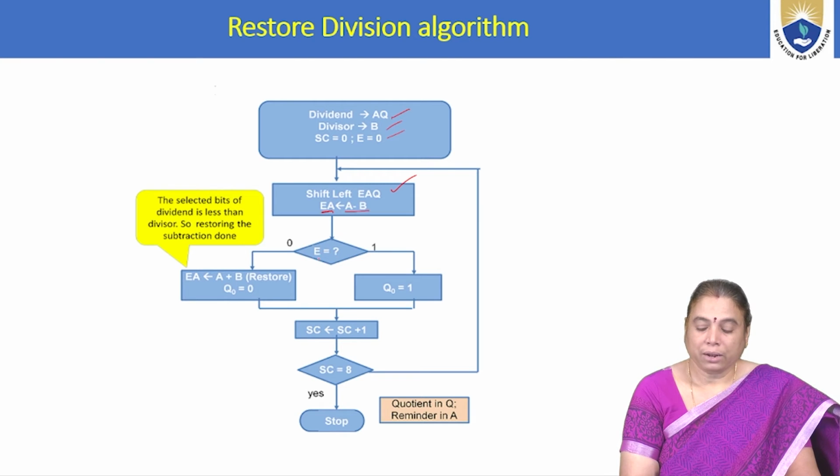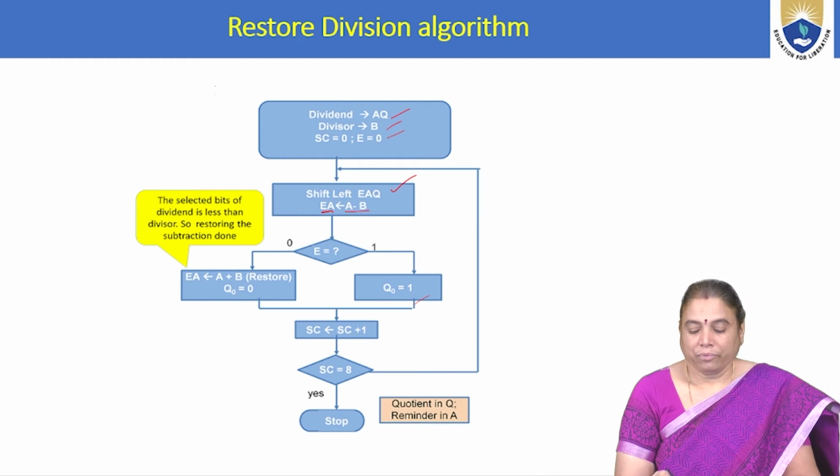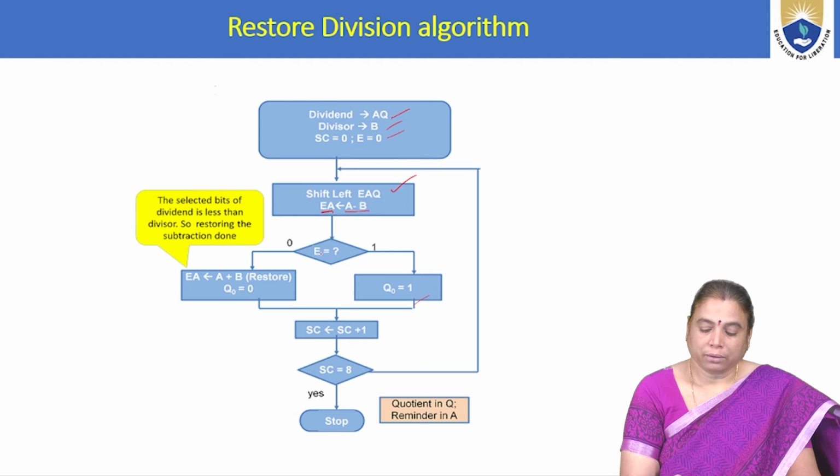If E is equal to 1, then the quotient bit can be 1 and the sequence counter is incremented, and if there are no bits left in the dividend, the division process can be stopped. But if at all the trial subtraction is negative, again we have to restore the value of the dividend.